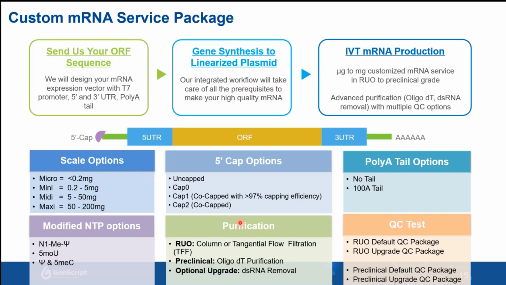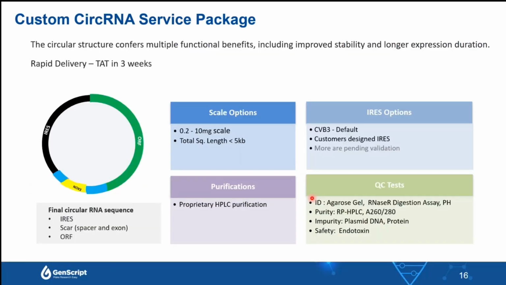And here shows you what options we provide for the key parts of mRNA production. And for the circular RNA service package, you can see the options, and we have very fast delivery. The turnaround time is within 3 weeks.